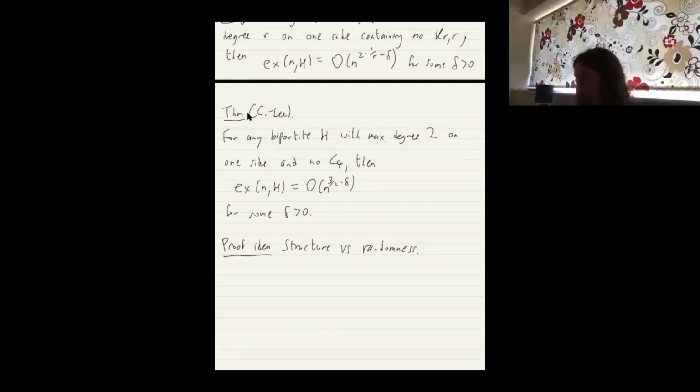The idea is that you have two situations. One situation is where there is a subgraph with too many C4s.